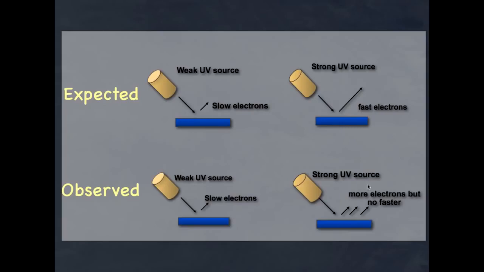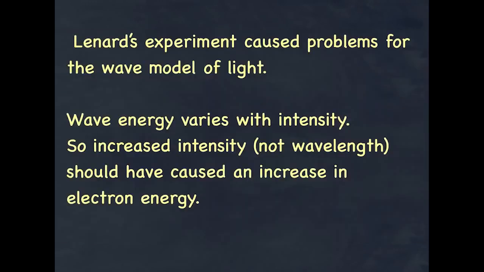He was really at pains to explain why increasing intensity should increase energy, and increasing energy should therefore translate to increasing energy of the electrons. He could not explain that, so it was a real problem. This experiment caused real problems in understanding the wave nature of light, since increasing intensity, and not the wavelength, should have caused an increase in electron energy.